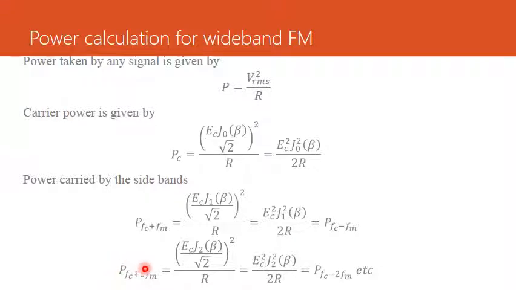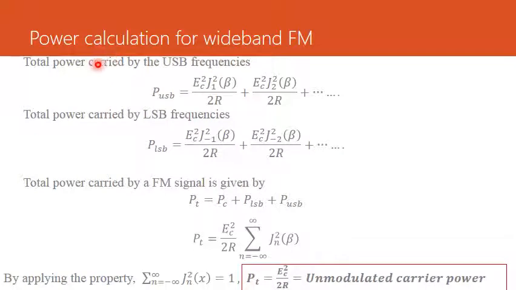Similarly, at Fc plus 2 times Fm the sideband power is Ec into J2 of beta divided by root 2 the whole square divided by R, which is equal to Ec square J2 square of beta divided by 2R, etc. In the frequency spectrum we have infinite sidebands, so the power carried by the sidebands will also be infinite.